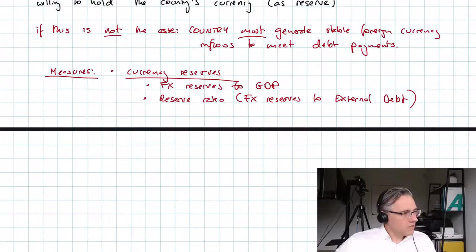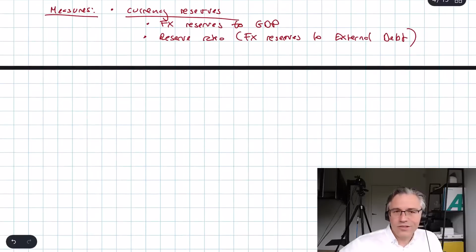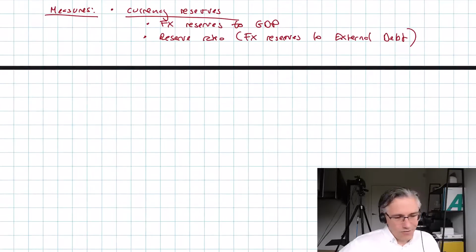Well, that's all very good, but typically that will be addressed to domestic investors, who primarily will be able to buy that debt. And because you're often an emerging economy in this case, that home market may not be deep enough to really borrow substantial amounts of money. Hence, you need to go outside and issue debt in a currency that is not your own. So maybe in dollars, in euros, but then you need to have inflows to be able to service the payments.